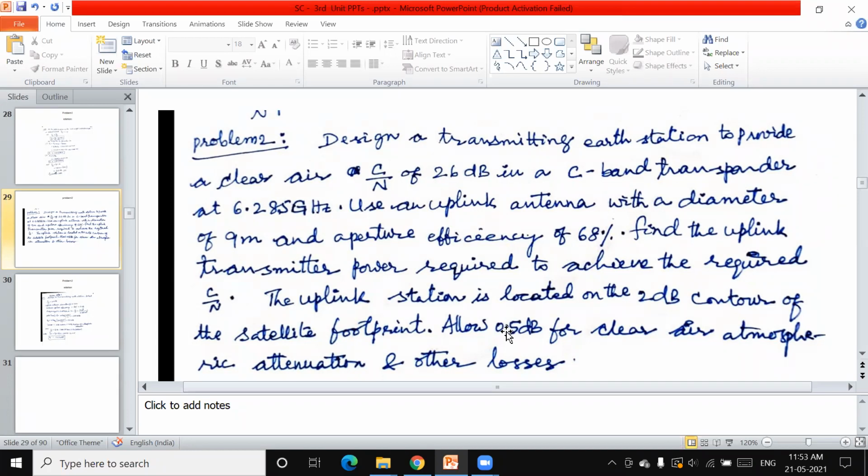సో నా ఇక్కడ GR కనుక్కోవడానికి GR కావాలి ఒకటి మనకి, అంతేనా? PT GT మైనస్ లాసెస్, GT కావాలి. సో GT is given as gain, that is eta E, that is the effective antenna aperture efficiency into pi d by lambda square.